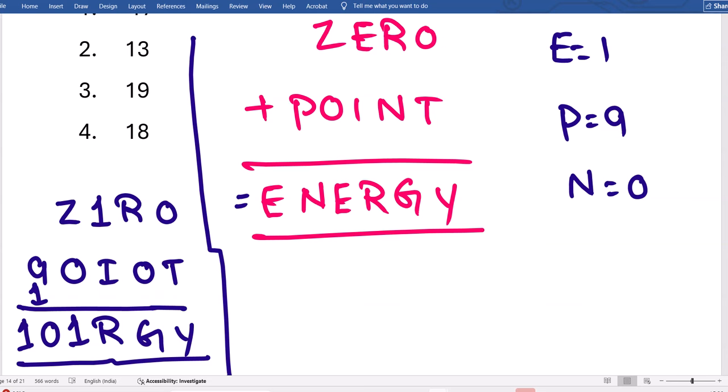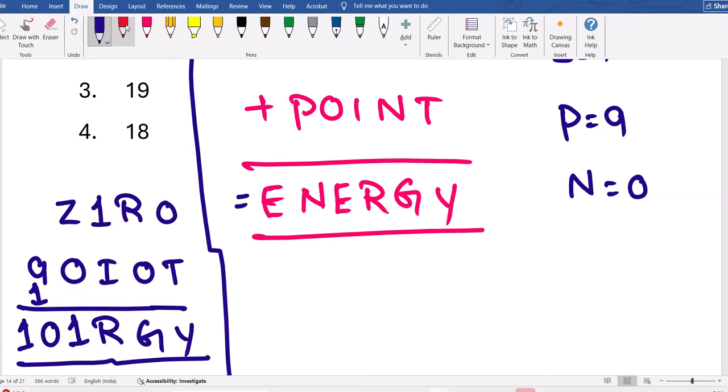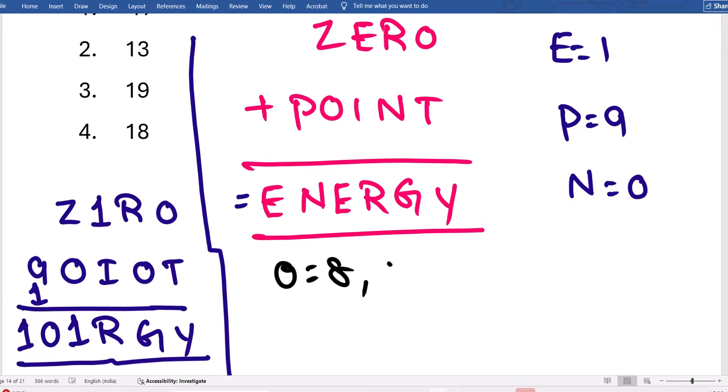Yes, O 8, Z 3, R is 2, 6. Okay. So you did trial and error and you are fixing for O value 8, Z value 3. Okay, we'll see if that is okay or not.